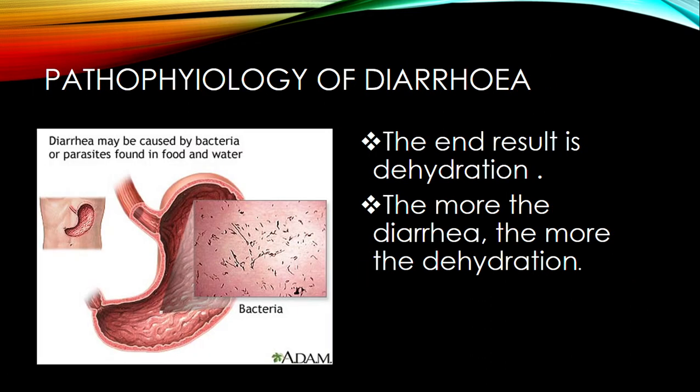So in summary, we can say that the pathophysiology of gastroenteritis occurs when there are microorganisms in the stomach and intestines. These microorganisms will cause inflammation, and inflammation will alter the normal movement of electrolytes and water back into the cells in order to be used.